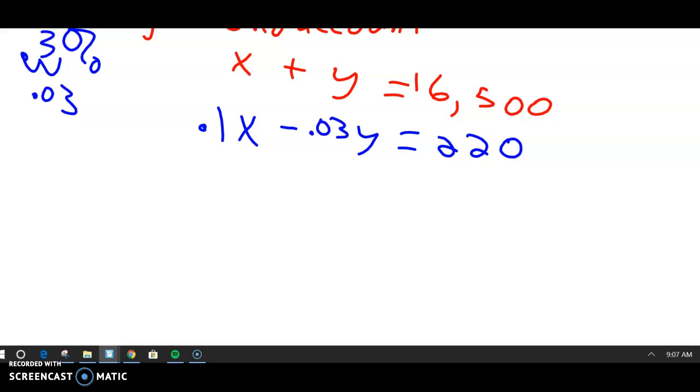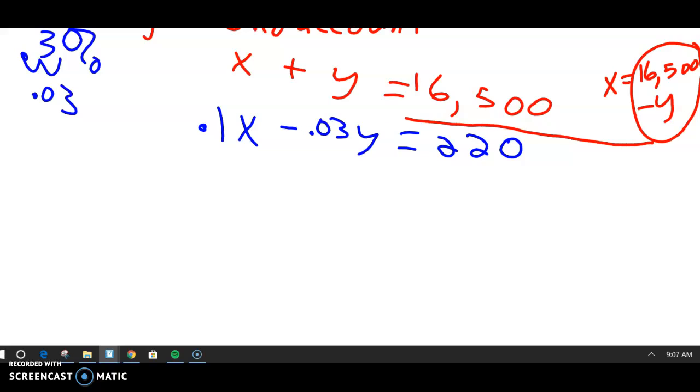In this case, since I have an X plus Y, and it looks pretty simple to go ahead and change that, I'm going to solve for X in my first equation. And it's going to become X equals 16,500 minus Y. I will now take my new X and substitute it into my second equation, the blue equation.